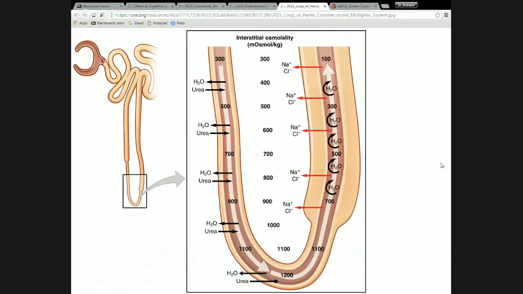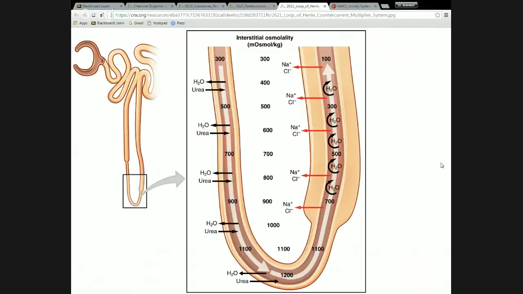Now, I pointed out in the overview picture at the top of the section that in the nephron loop going down, water comes out, and then on the other side, sodium and chloride, and a little bit of potassium. This picture shows a little bit more in depth what's going on here. The tissue in the medullary pyramid gets increasingly more concentrated extracellular fluid.